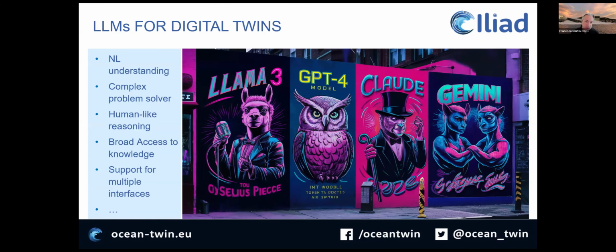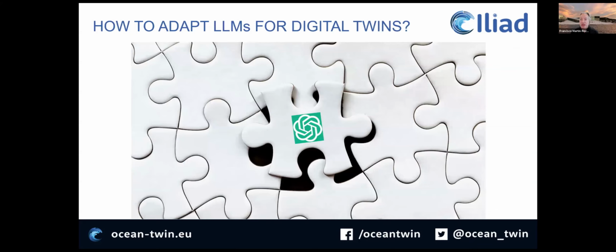So you wonder, okay, these technologies are fantastic, but how can I actually adapt LLMs for digital twins? I would like to emphasize that I will not go into the details of everything you have to do, but I would like to start with a common misconception.